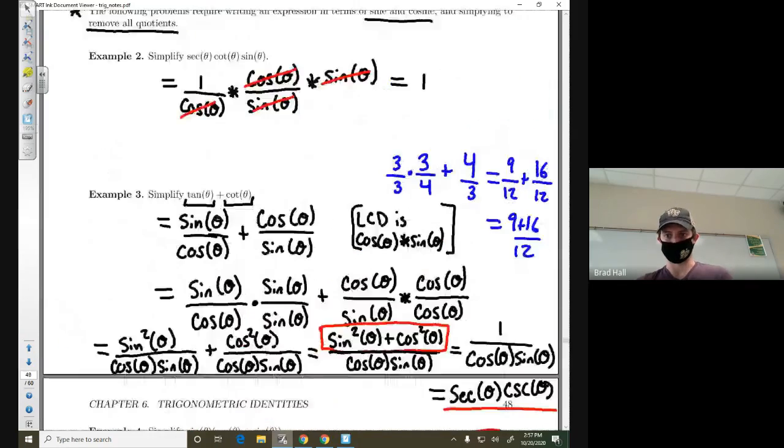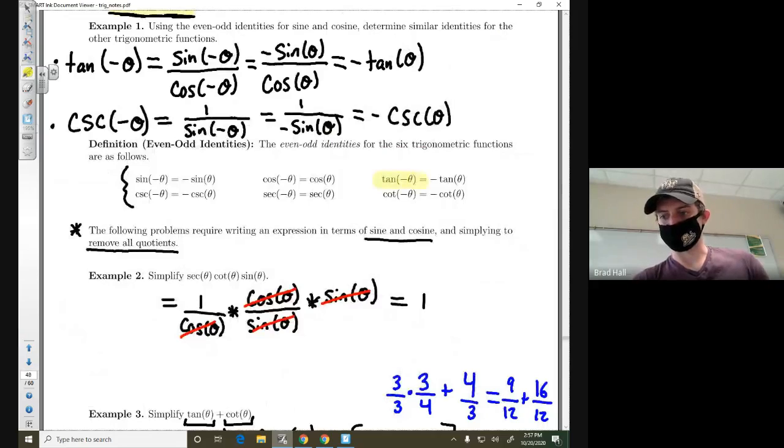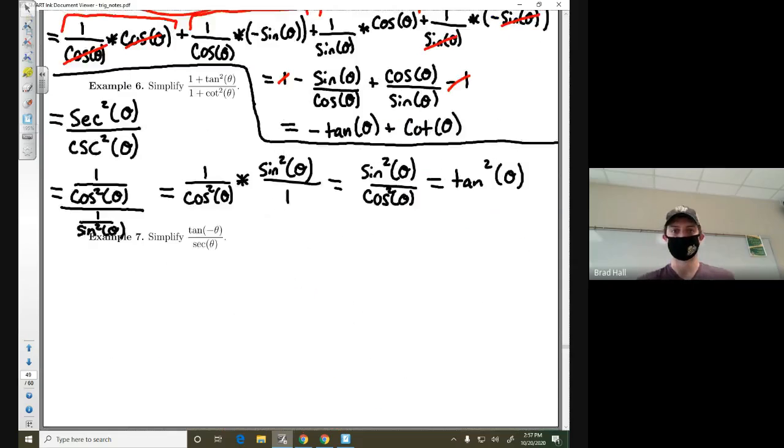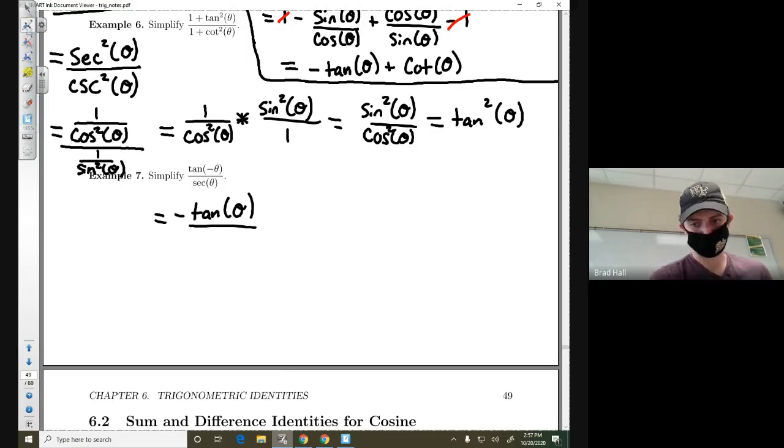What happens to that tangent? There's a negative inside. Oh, we can bring the negative out. So we are applying a convenient formula before we start with the conversions. And I don't see any other formulas anywhere, so we can start with the sine and cosine thing.